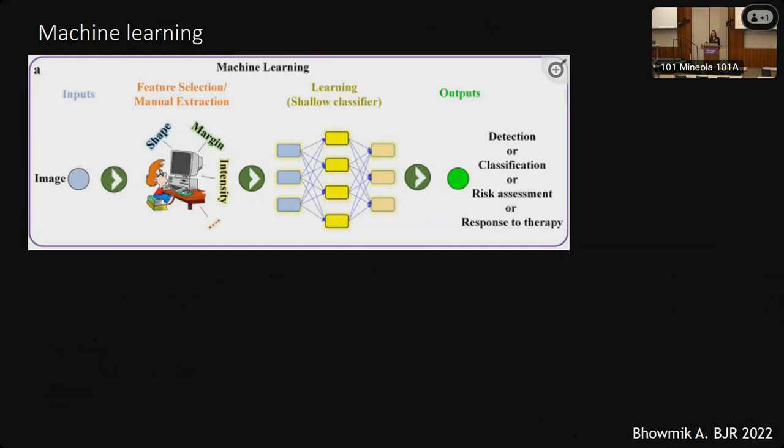So then we got a little more fancy, and we started doing machine learning. With machine learning, there's still a radiologist involved, saying, all right, let's look at shapes, let's look at margins. But the classifier, which is basically just a fancy statistical algorithm, got a lot more complicated. And this started doing a better job of telling apart blueberry muffins and chihuahuas.